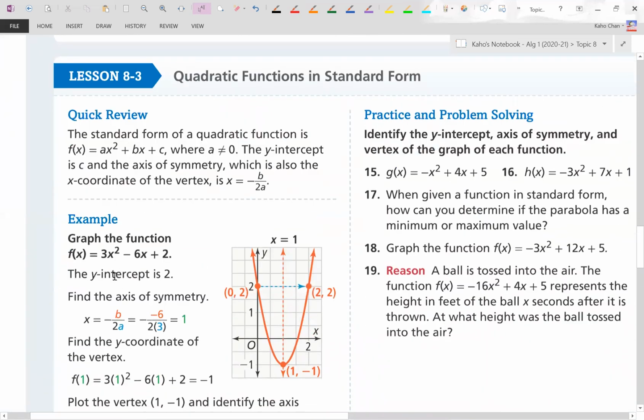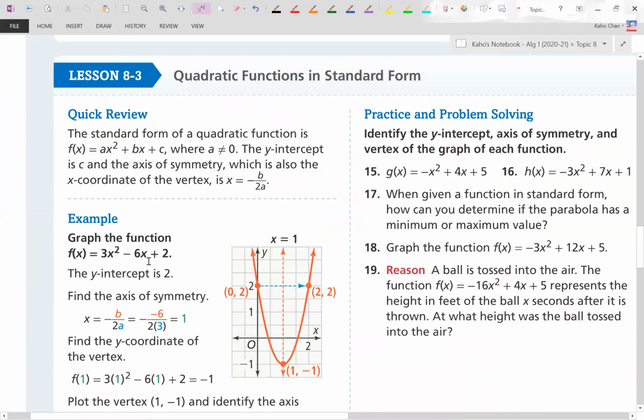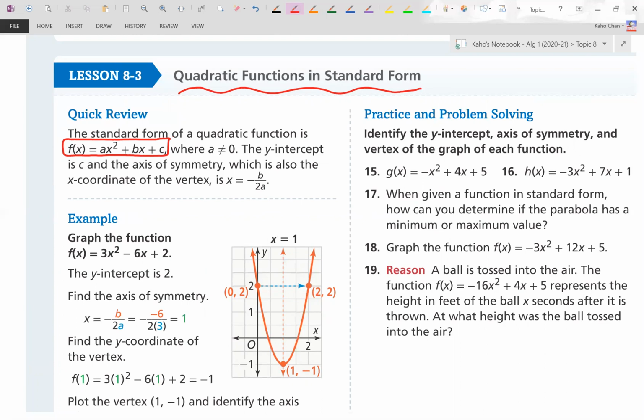Chapter 8-3. Ooh, standard form. Now, we're still going to graph parabolas, but the parabola is in this form, ax squared plus bx plus c. There are a couple of formulas that will give you your axis of symmetry, your y-intercept, and your vertex, okay?